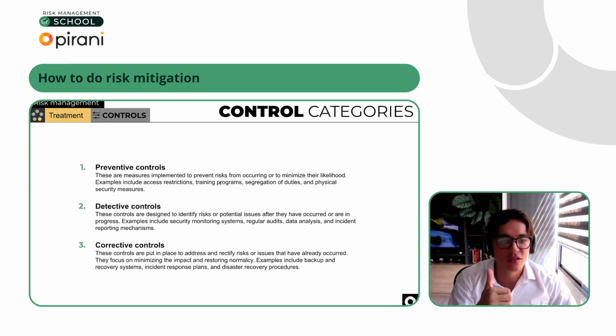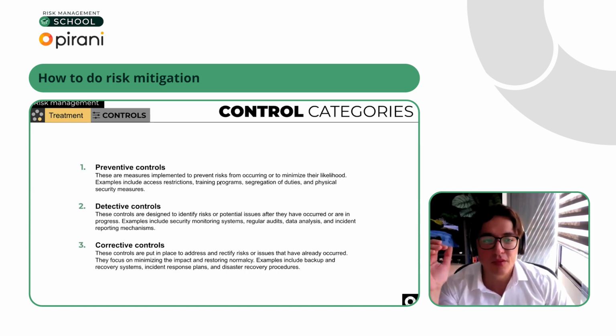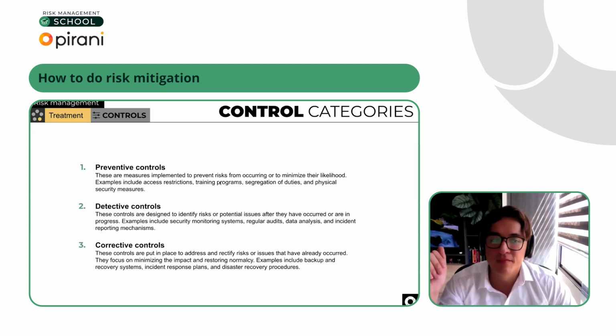Examples include access restrictions, training programs, segregation of duties, or physical security measures. So preventive controls minimize the likelihood, okay? They prevent the risk from happening.